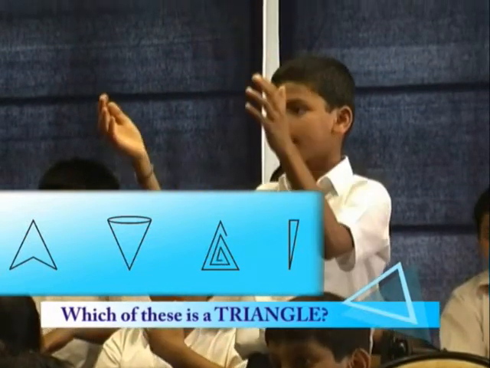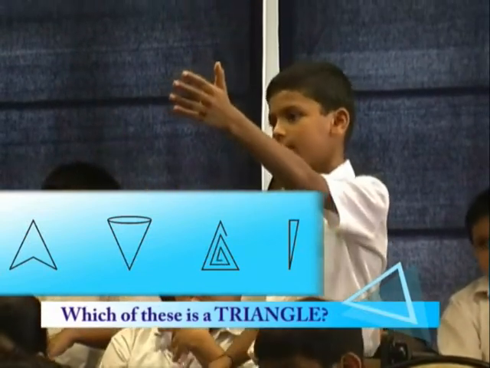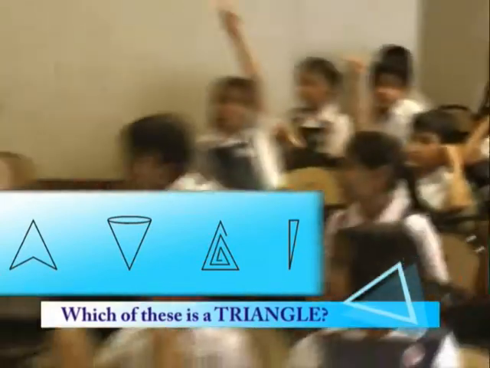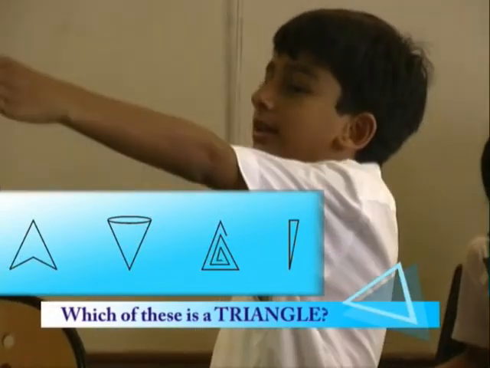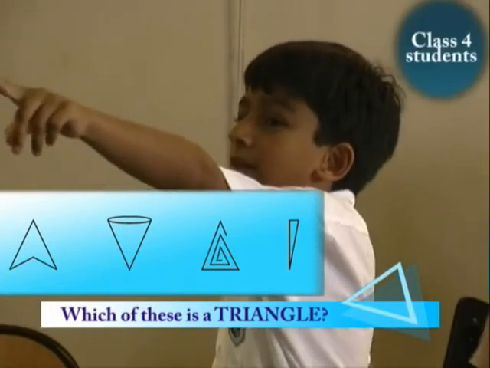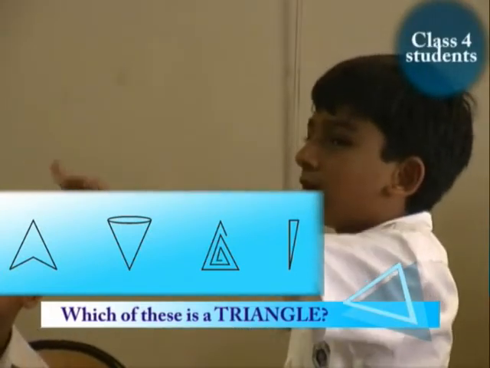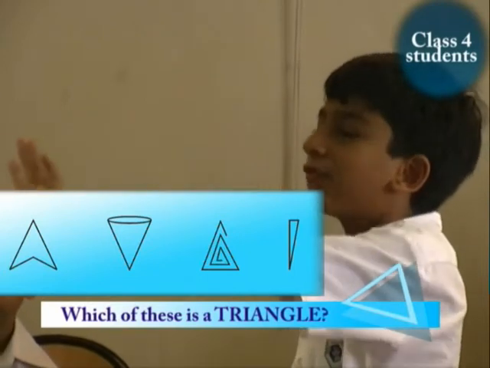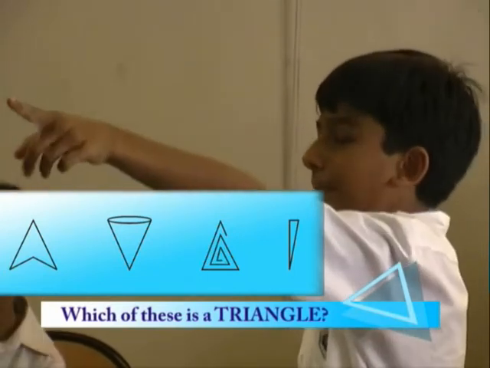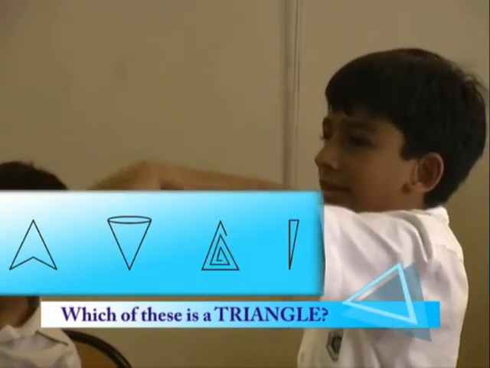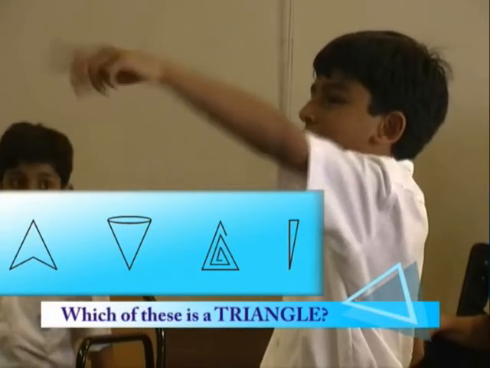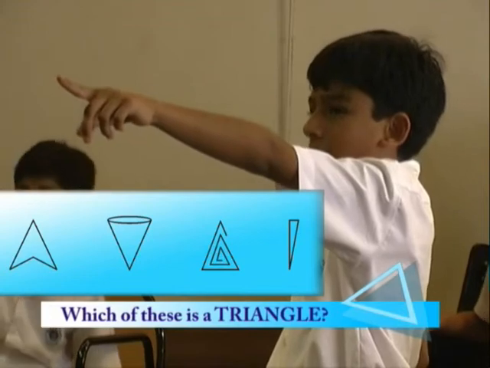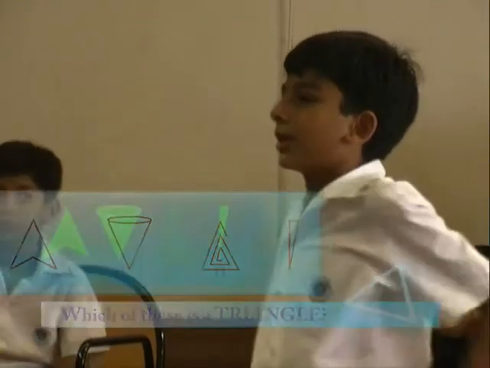We can even turn it and see it. That's why I think D is the answer, because a triangle is made up of 3 straight lines and D has 3 straight lines. A has 4 straight lines, B has 2 straight lines and 1 circle, and C is made up of 1 straight line which has been bent all the way.